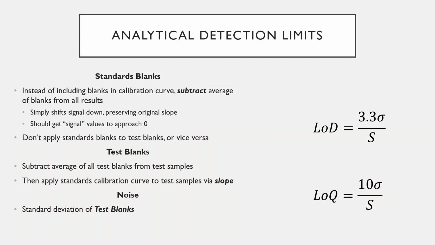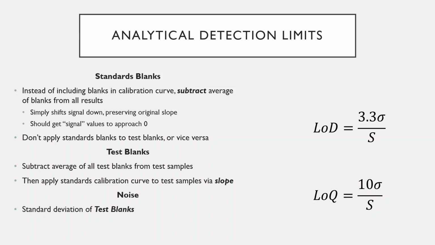So here's kind of the order of how you're going to do this. For the standard blanks, instead of including them in your calibration curve, meaning you don't necessarily want that y equals mx plus b line, that y-intercept is less important to you. You want to subtract the average of those blanks from all of your standards results. Okay, so I should have modified not from your test results, but only from your standards results.